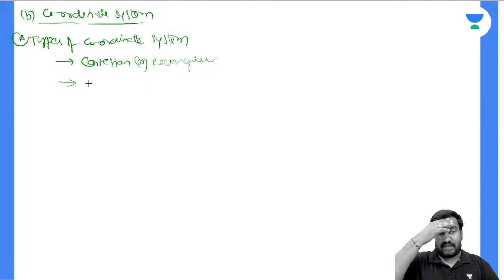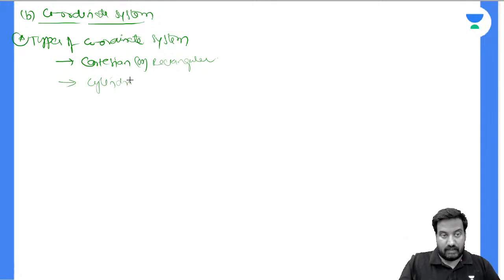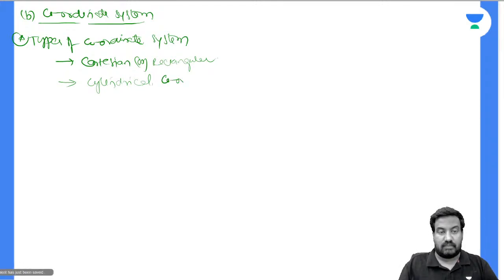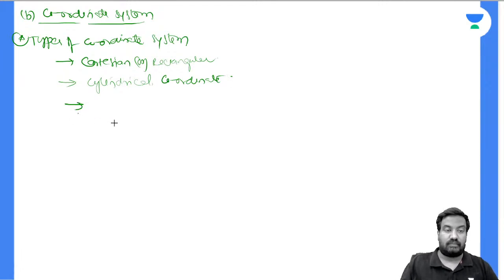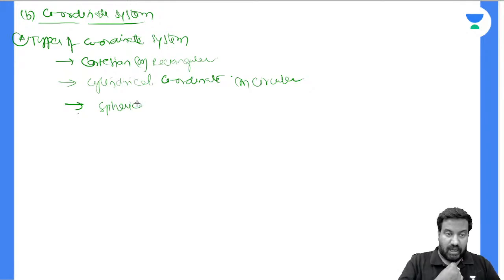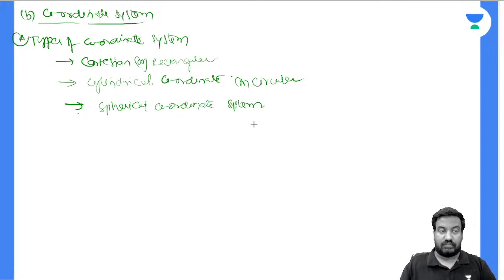Then we are seeing cylindrical coordinate system, also called as circular coordinate system. Third one is spherical coordinate system. The types of coordinate system.